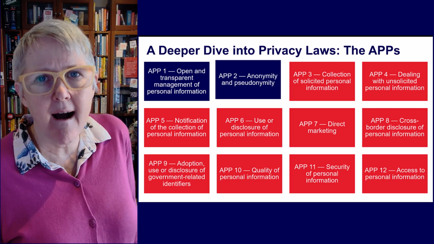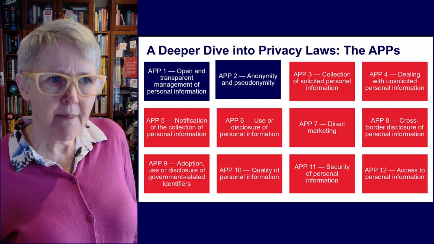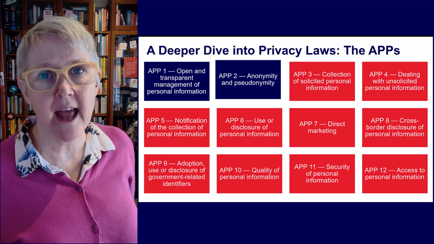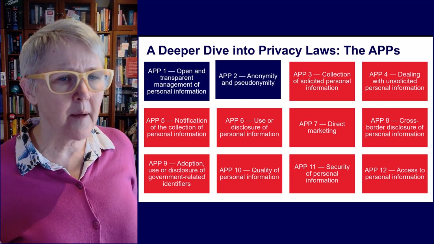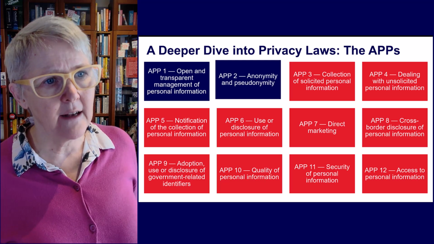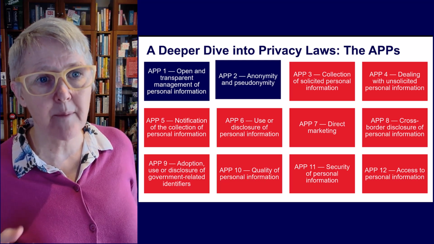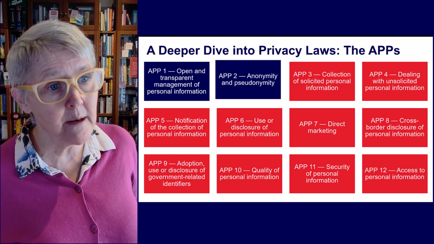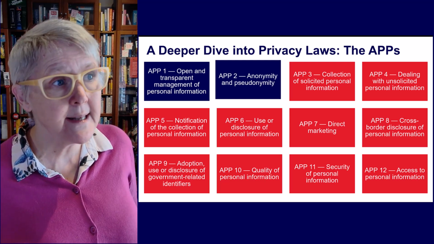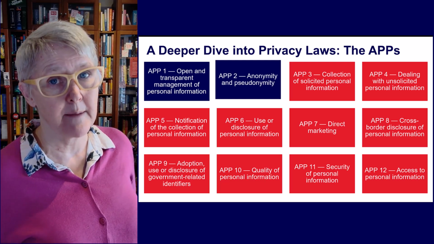Say we've got an AI company that provides some sort of chatbot to answer questions and provide help. If it allows users to interact with the bot without providing their real name, gives them the option to use a pseudonym or to remain completely anonymous, it's going to be complying with APP2.